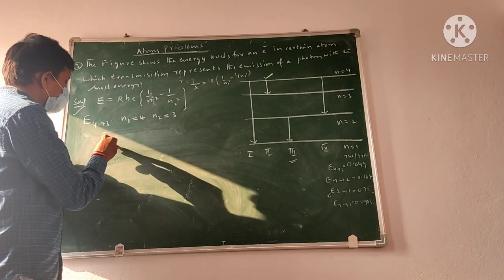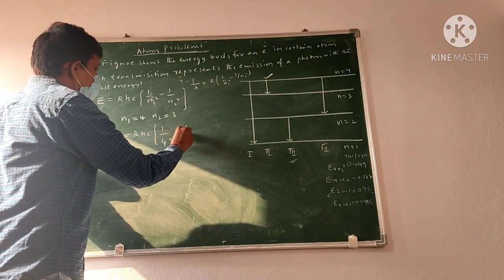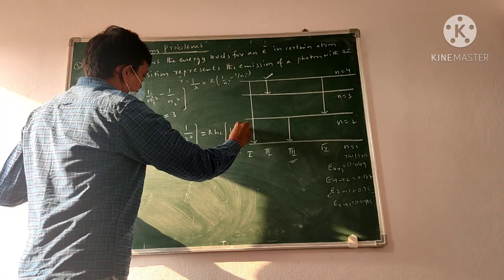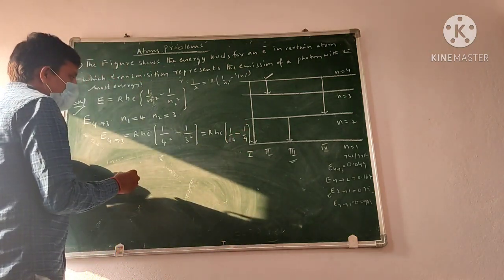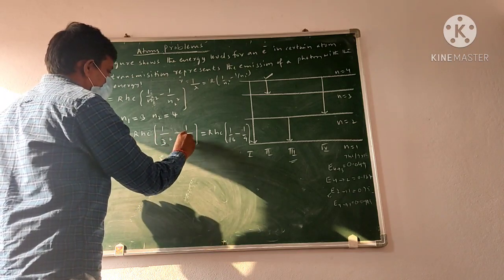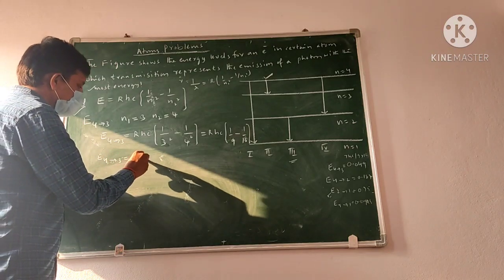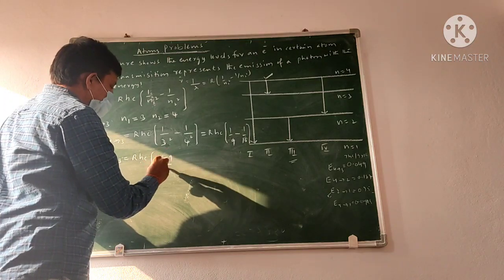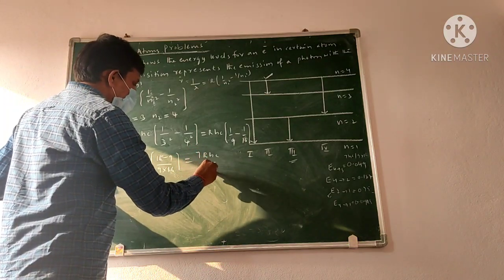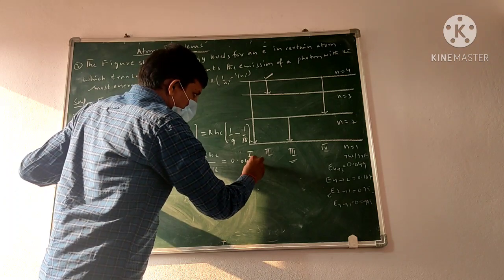By applying this formula, E(4→3) is RHC (1/3² − 1/4²), which is equal to RHC (1/9 − 1/16). That is RHC (16 − 9)/(9 × 16), which equals 7RHC/(9 × 16), which is equal to 0.049 HC.